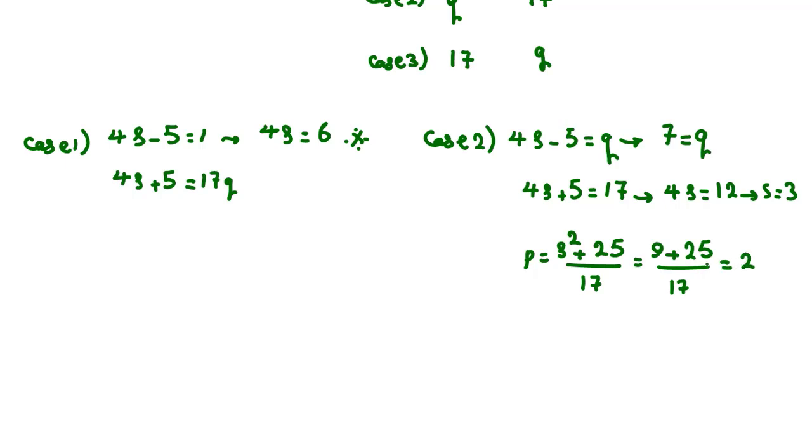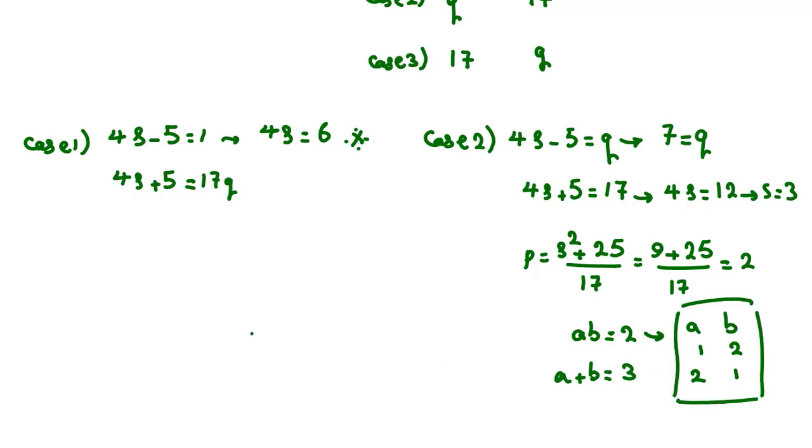So p is 2, the product, and the sum is 3. So ab is 2, a plus b is 3. Because ab is 2 and a and b are positive integers, one of them is 1 and one is 2: 1, 2 or 2, 1, and it satisfies the sum. So it is exactly the case that we found. I again draw a rectangle around this.